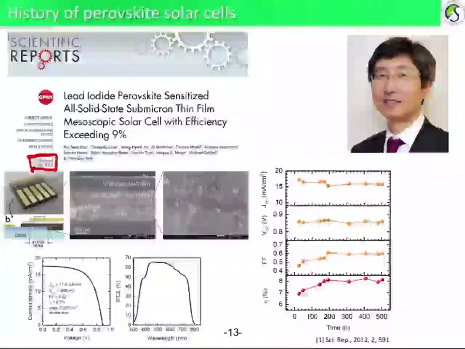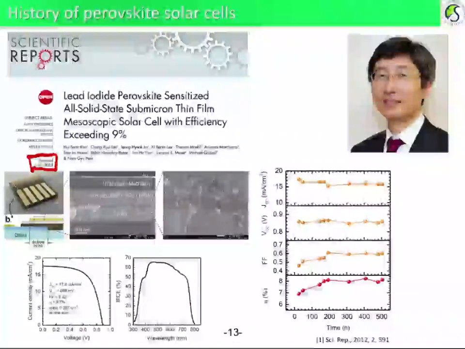For 3 years, there was almost no research except for the paper by Professor Namgyu Park regarding the perovskite solar cell, because of the very poor stability based on the solution electrolyte.